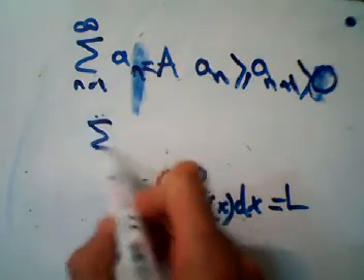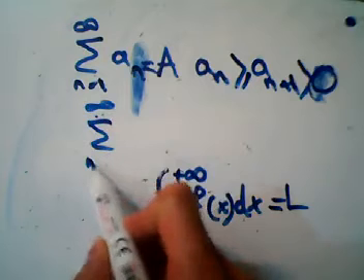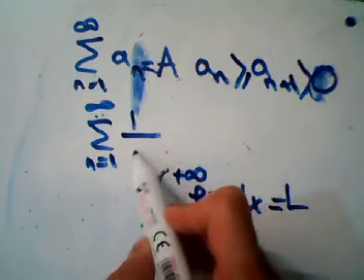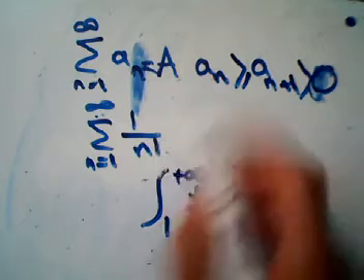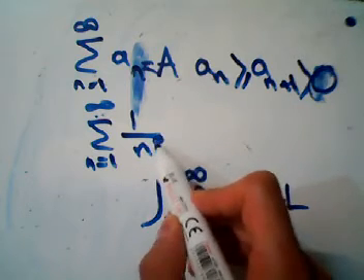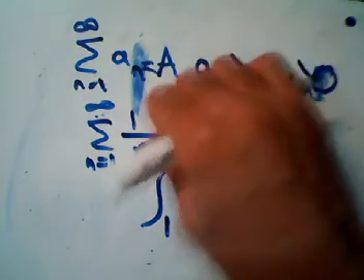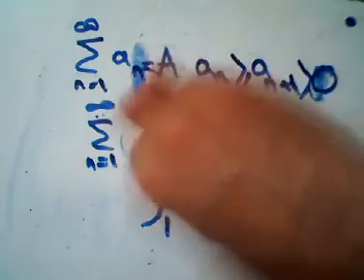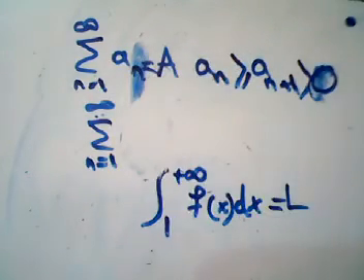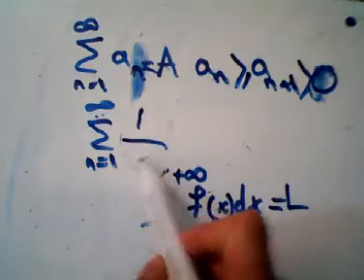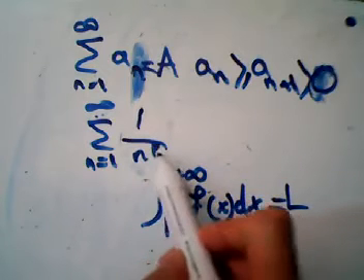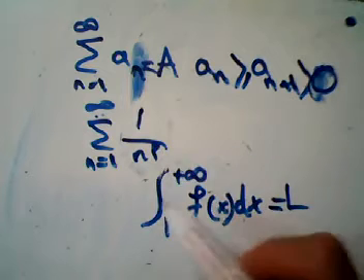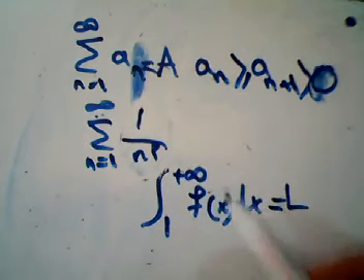We want to know whether this series is convergent or not. This is the sum of 1 over n to the power of p, where p is a constant.